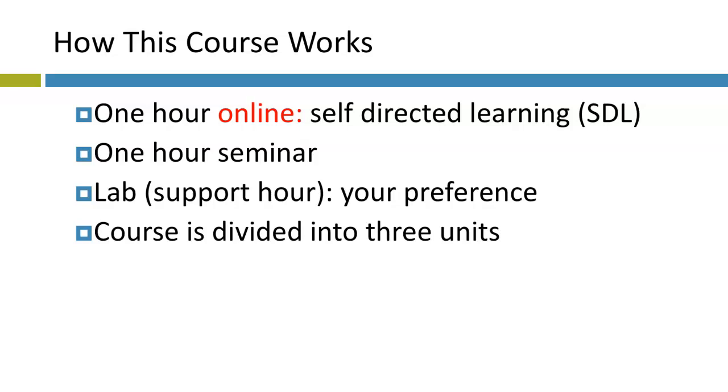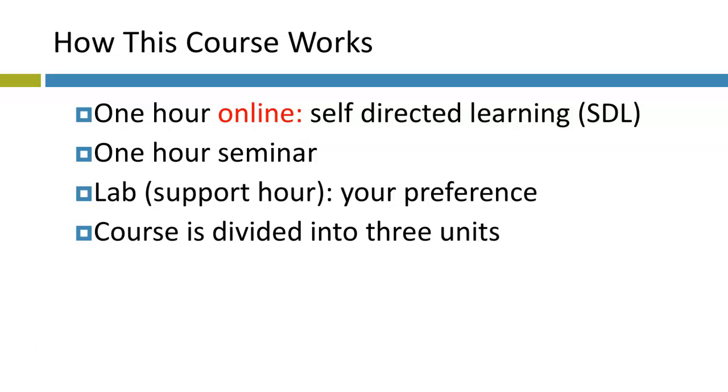Roughly 1 hour online at your convenience, what we're calling self-directed learning. And what that basically means is logging on to the course page on Desire to Learn and doing the weekly reading and other interactive activities that we have there for you. Then we have the one hour seminar, which is every Monday morning from 11 till 12.